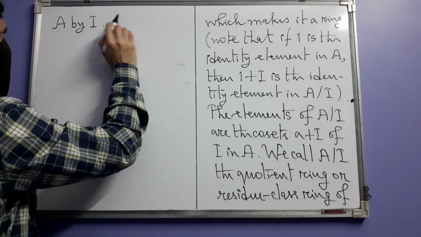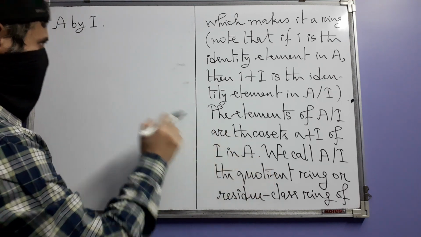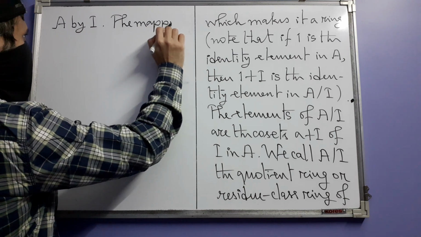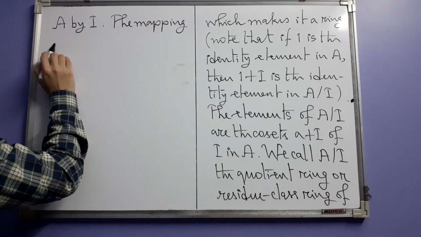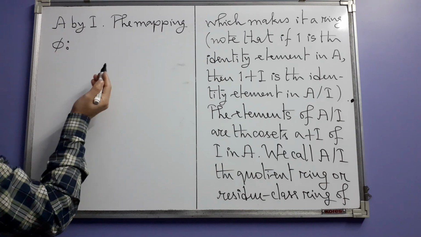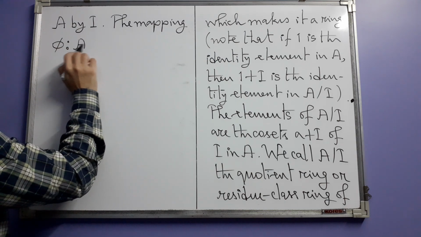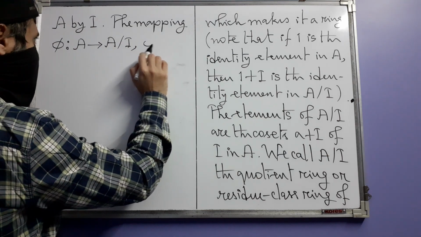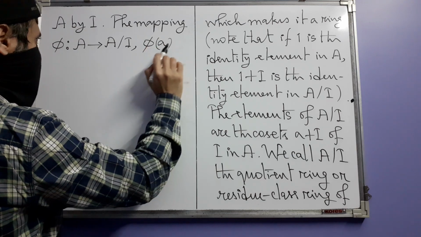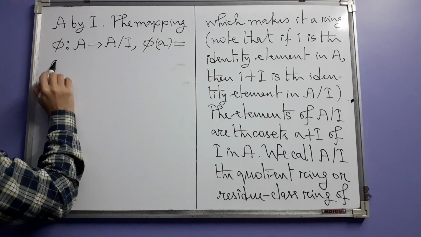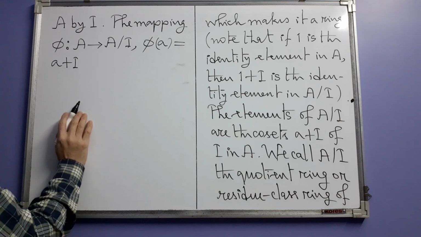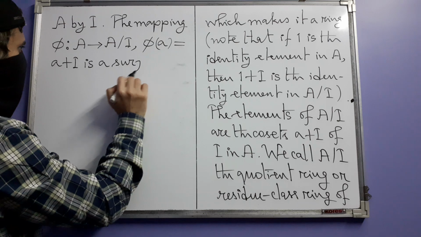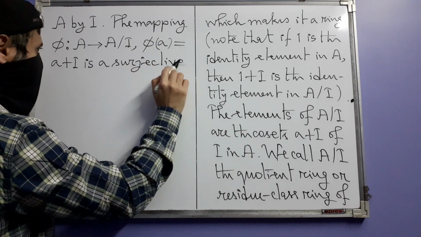All right. Next comes the relationship between A and A slash I. The mapping, let's just call it phi. Usually that's how it's named. From A into A slash I. And what is the definition of phi? The image of A under phi is the coset A plus I. This mapping is a surjective.